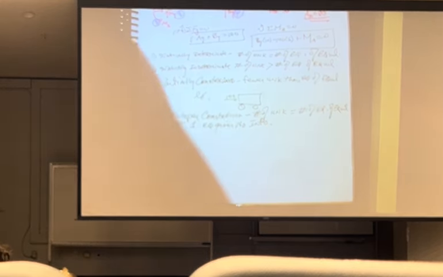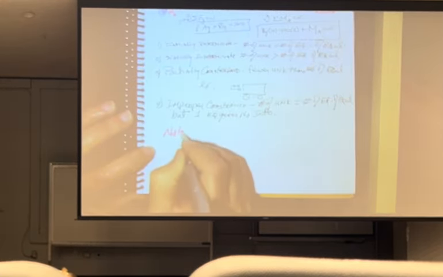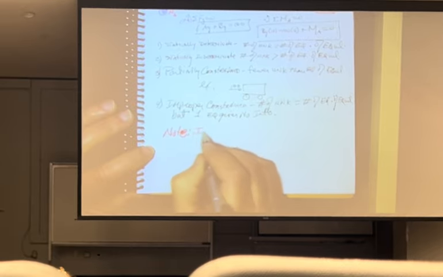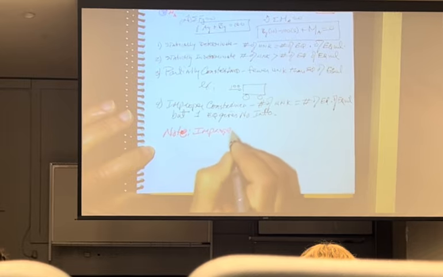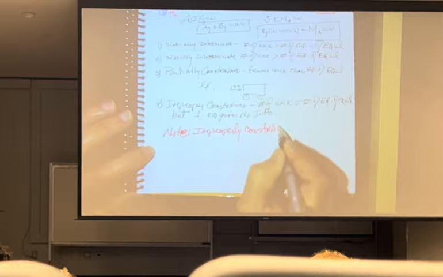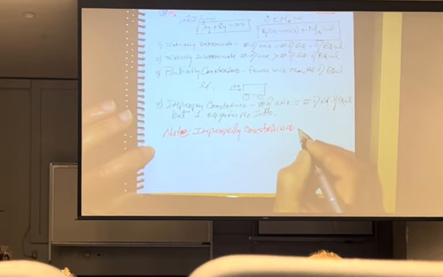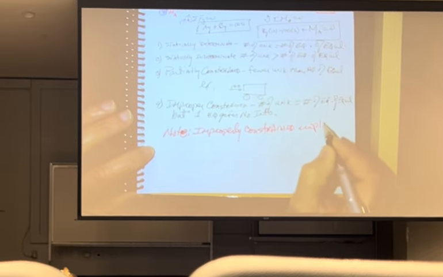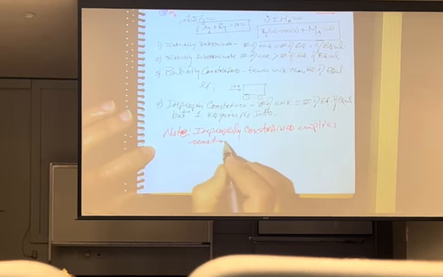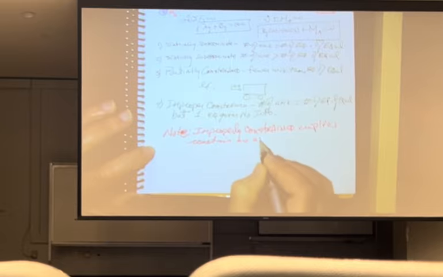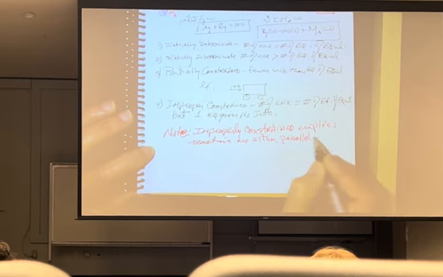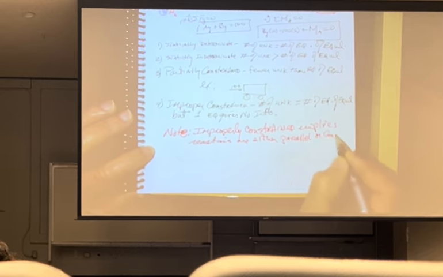And we make a big note here. Improperly constrained usually implies reactions are either parallel or concurrent.